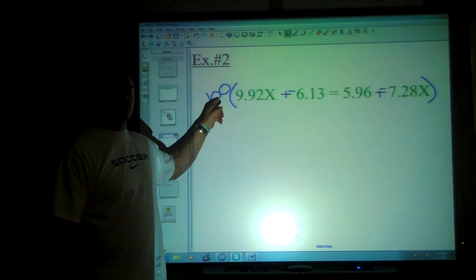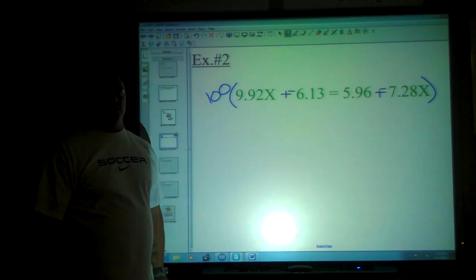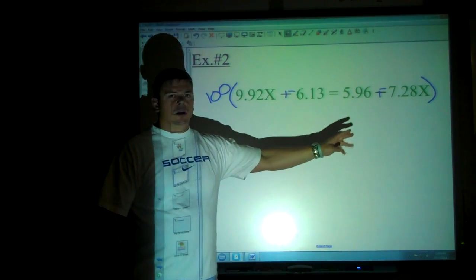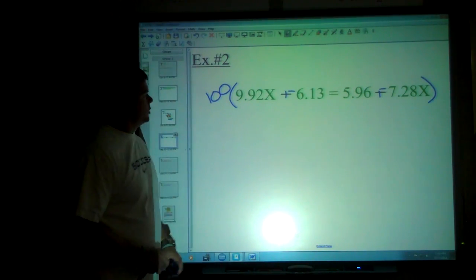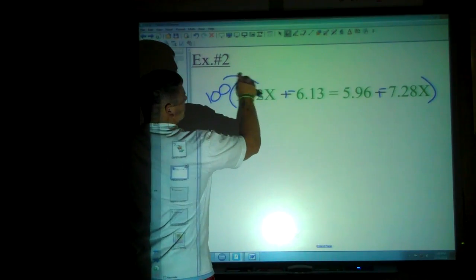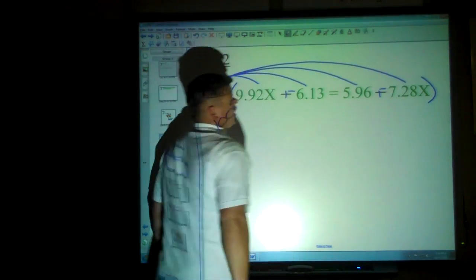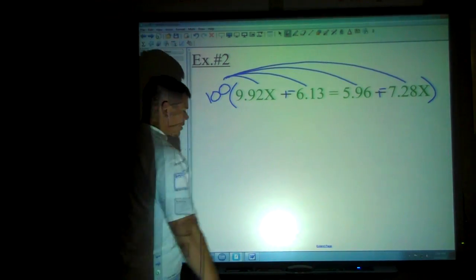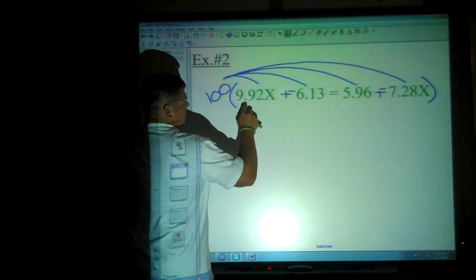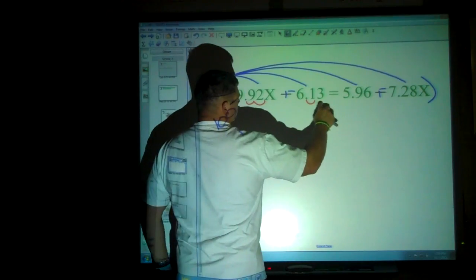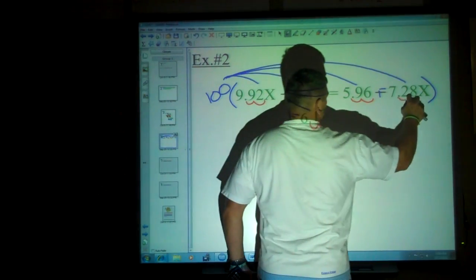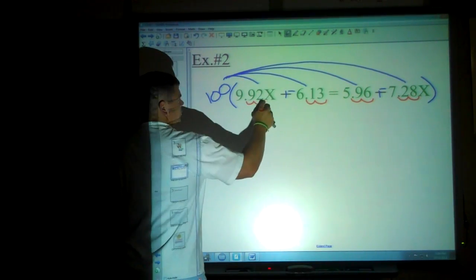We multiply by 100, and the decimal moves 2 places to the right. Now the numbers will be bigger, but we won't have to worry about the decimals, which sometimes cause people problems. But remember, it's the distributive property. So all of these pieces have to be multiplied by 100, which means these decimals are going to move 2 places to the right on each one of them.